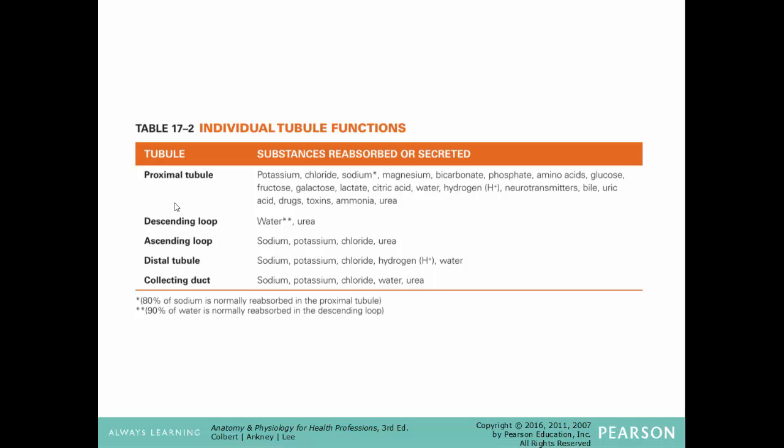See, the descending limb is permeable to water and not much else. The ascending loop will pump out sodium and potassium and chloride ions and then urea. The distal tubule and collecting ducts, those are under hormonal control also. So different parts of the tubule are able to reabsorb or secrete different material at different rates.